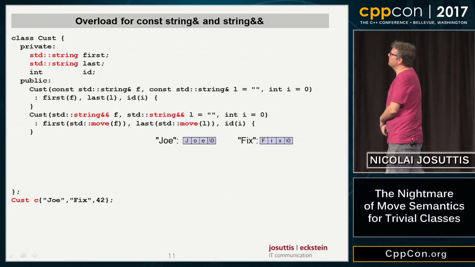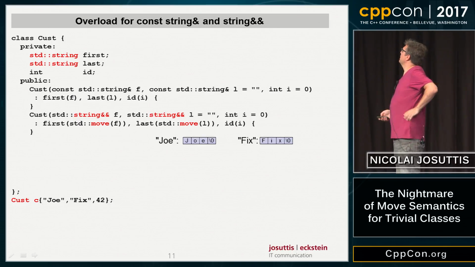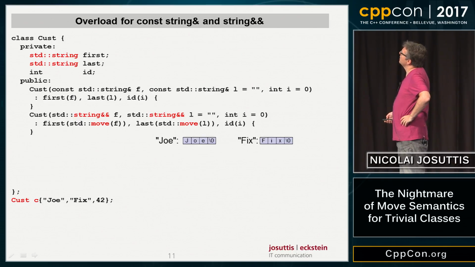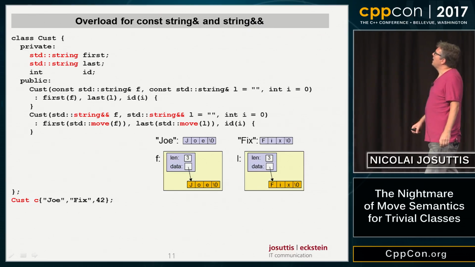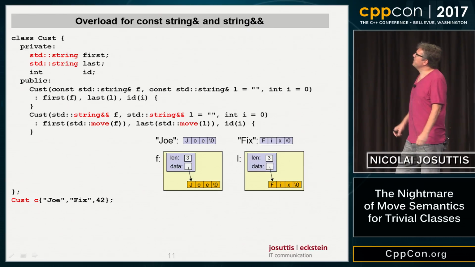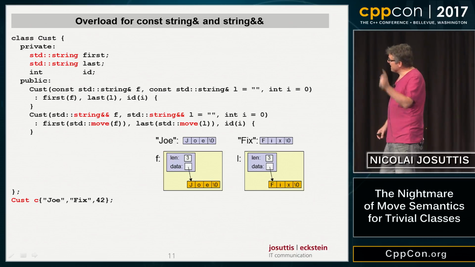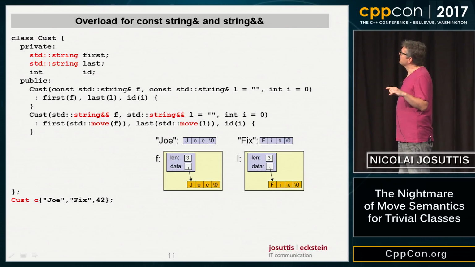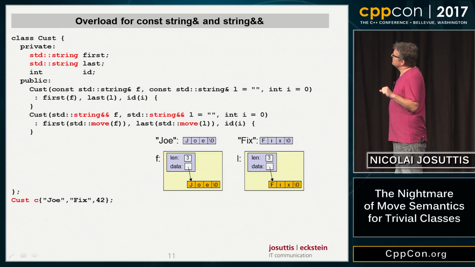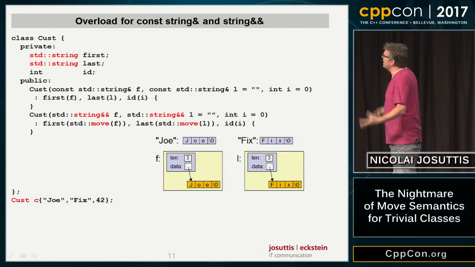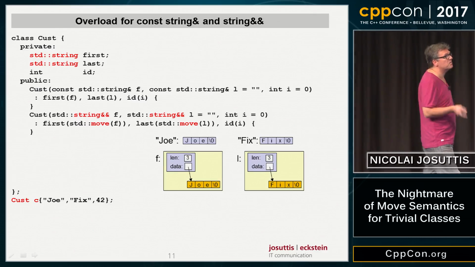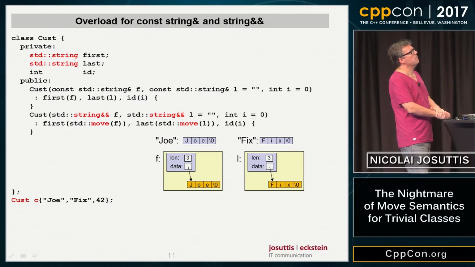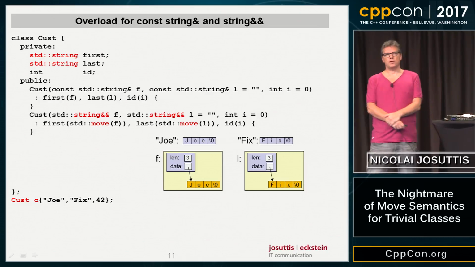So now when we have our creation of a customer C, and we have our string literal somewhere in the program, we create f and l. We call the second constructor. So we create a string. We still need a string, but this string is a temporary. And the good thing with this temporary, when we have move semantics, is we can steal the value.